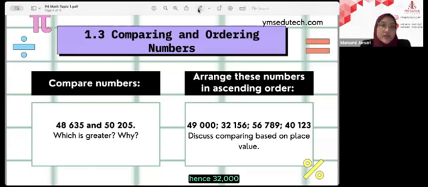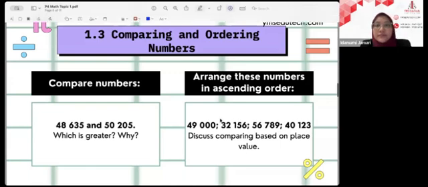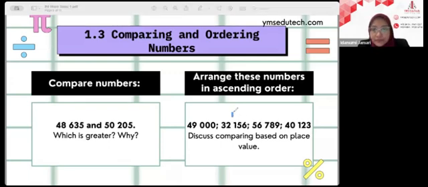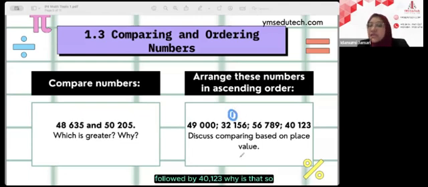Hence, 32,156 will be the smallest number, followed by 40,123.